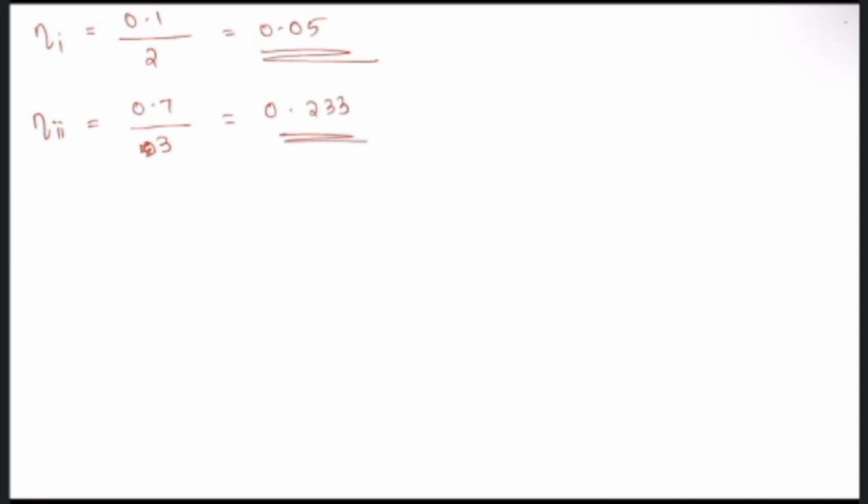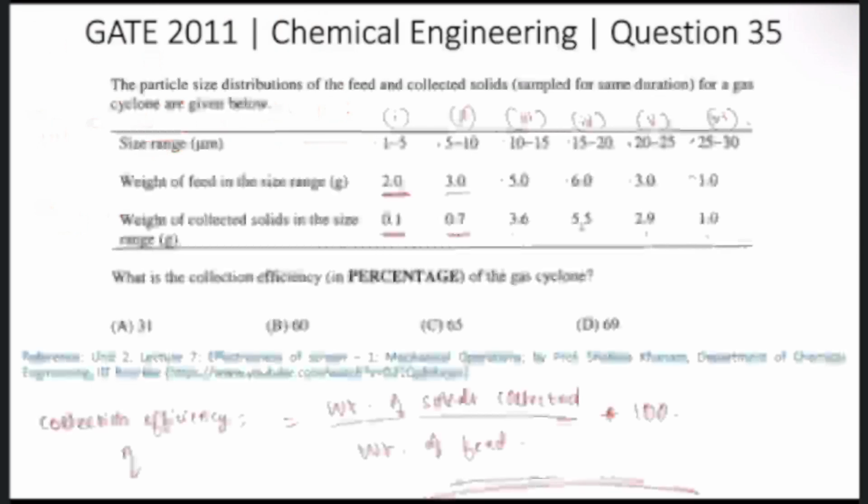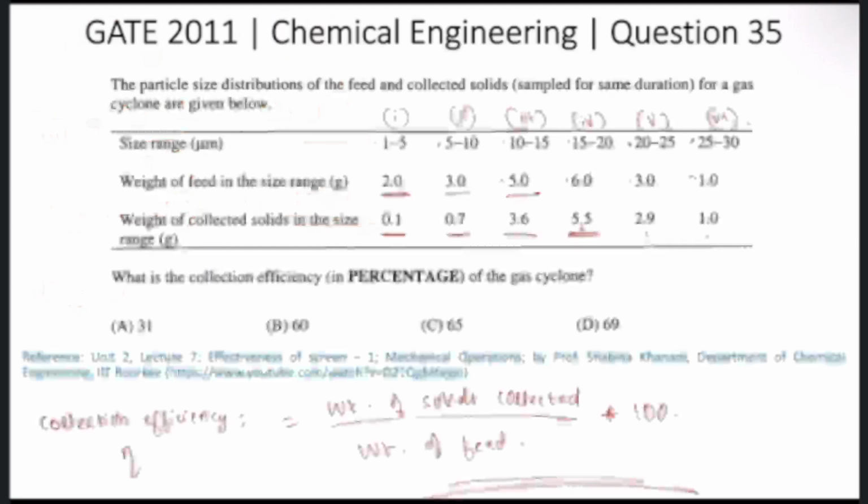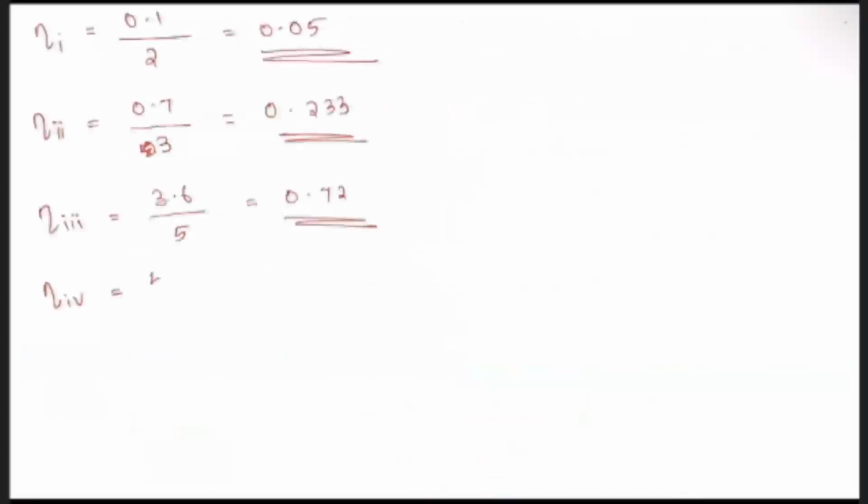The efficiency in size range 3 will be 3.6 divided by 5, and that will be equal to 0.72. Efficiency in range 4 will be 5.5 divided by 6, which is 0.917.